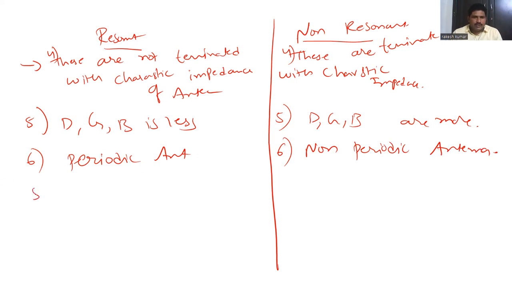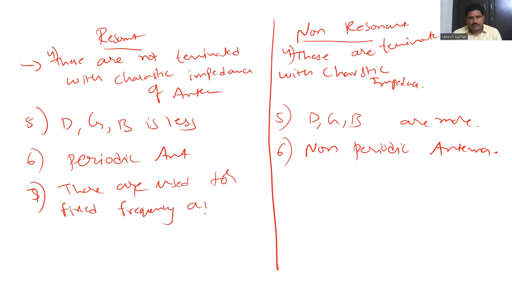Next, these are used for fixed frequency applications. Whereas non-resonant antennas are used for broadband applications.